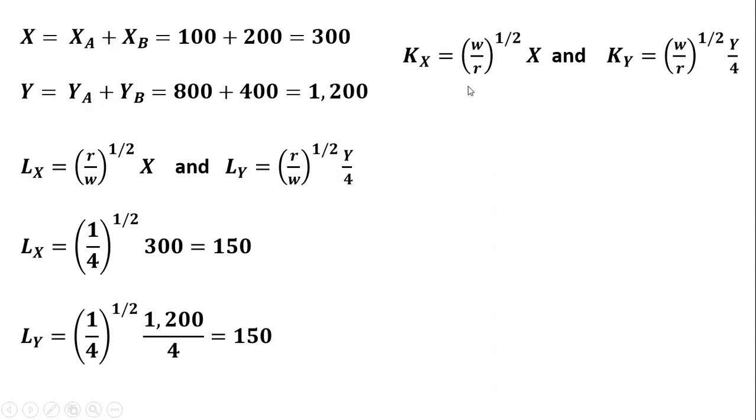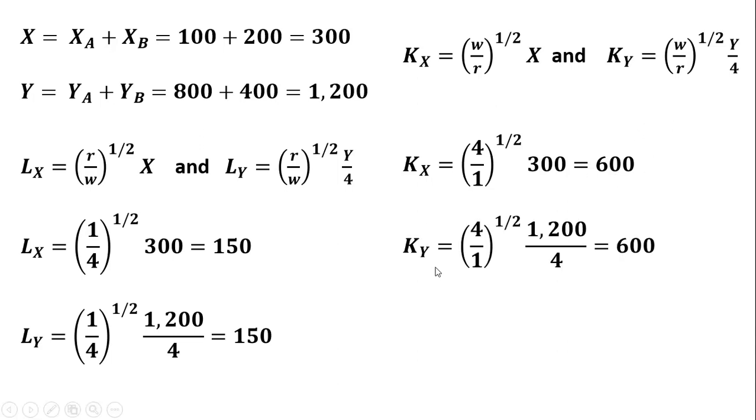And here are the capital input demands for good X and good Y, evaluating those at our wage, price of capital, and values for X and Y. Capital input demand for good X is 600, and capital input demand for good Y is also 600.